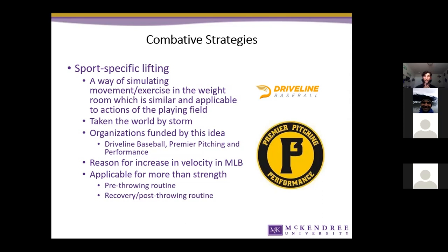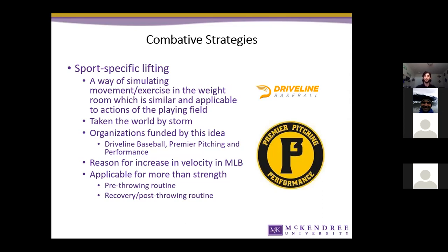More than strength, though, sport-specific lifting is also all about recovery and how you warm up. So some athletes may need to work on hip mobility, and in their specific program, they can be assigned mobility drills in order to loosen up those joints and those ligaments.